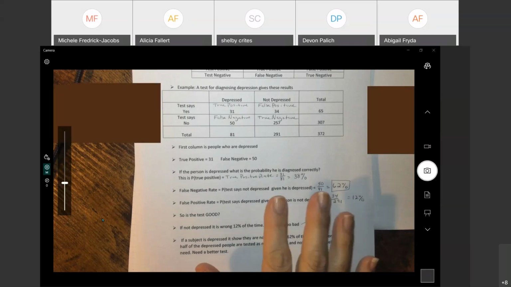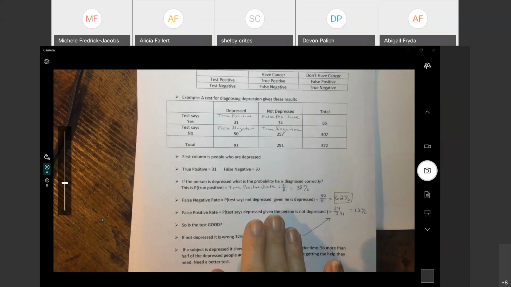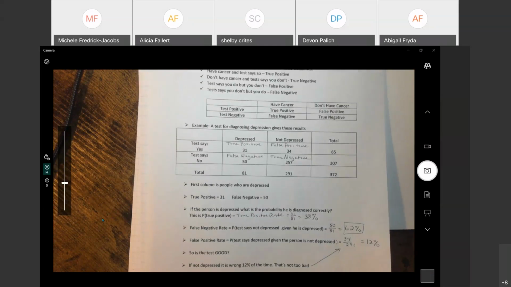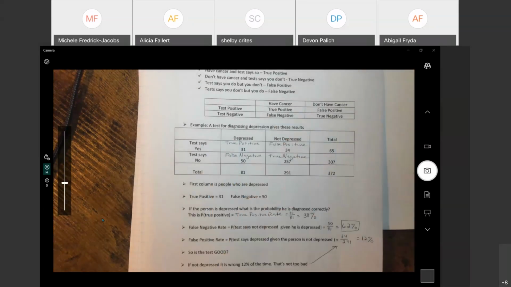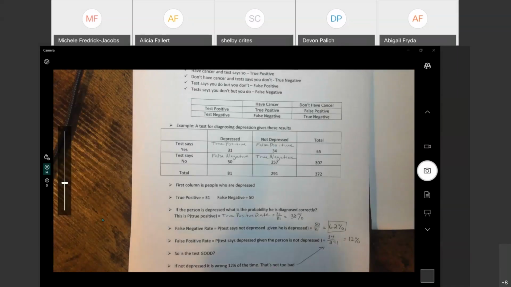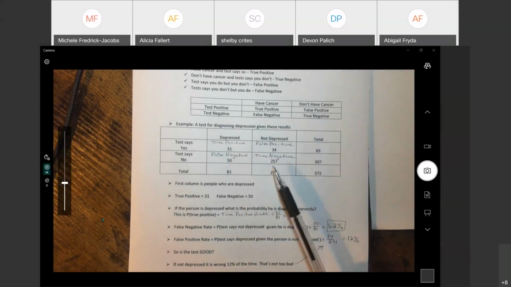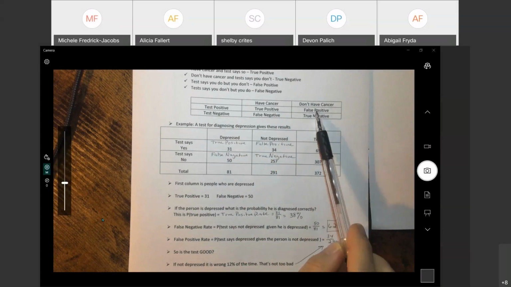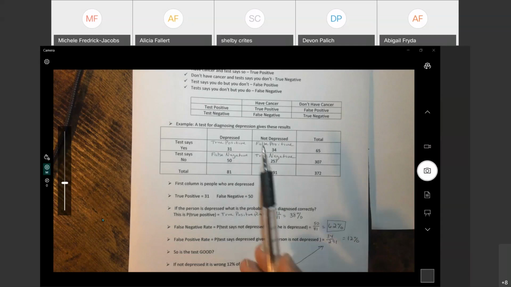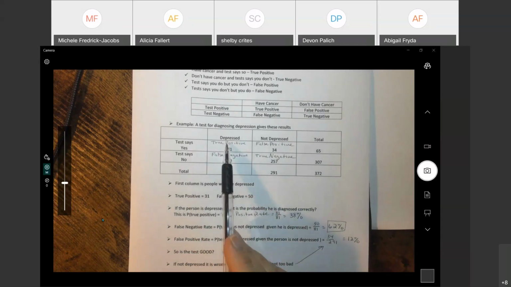Is there any questions on, is the test good enough? Any questions? Are we okay reading it? As long as this goes across like this one did, these will always be in the same spot. So if your test goes across, then these are always in the same spot.